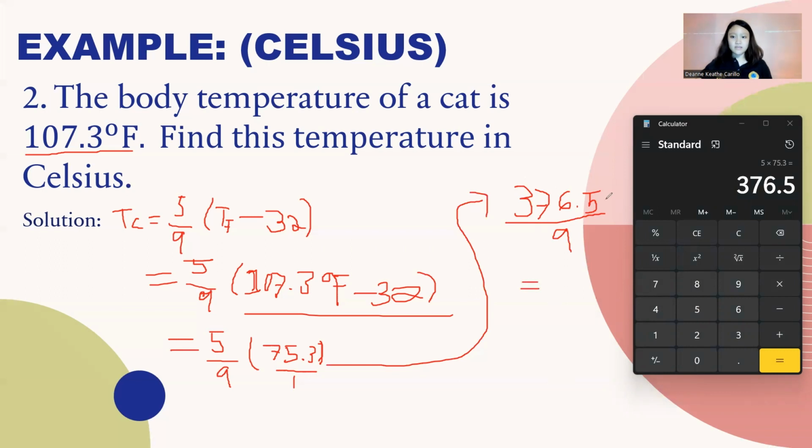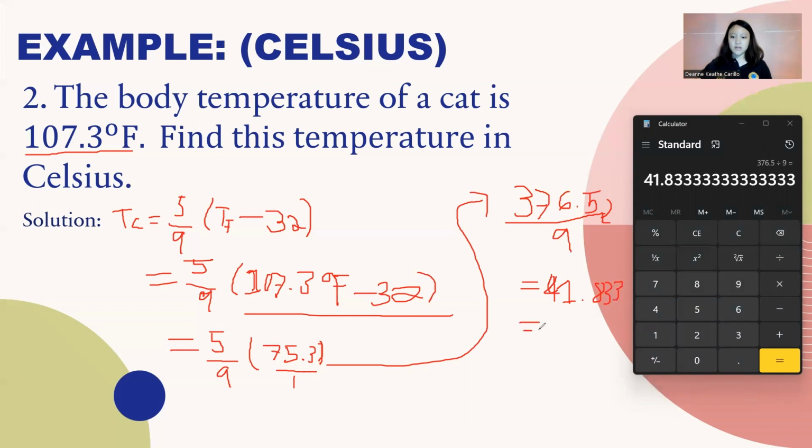Now let's divide this to each other. 376.5 divided by 9 is equal to 41.833.